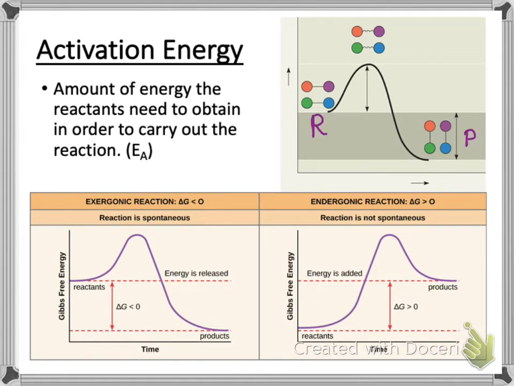Notice our reactants have different colored elements bonded together than our products do. Over the course of this reaction, bonds are going to break and new bonds are going to form. However, the reactants are currently stable.